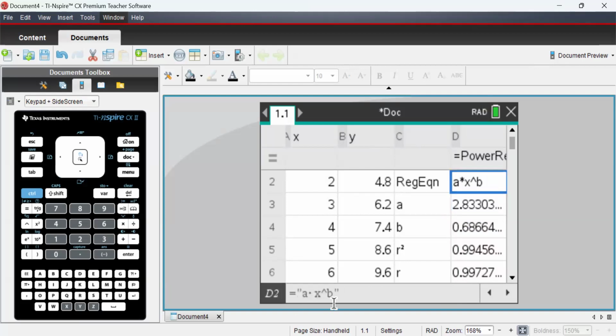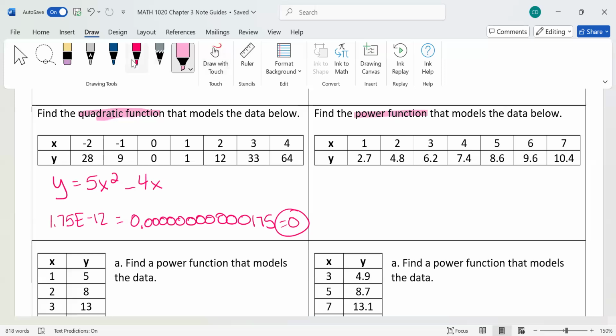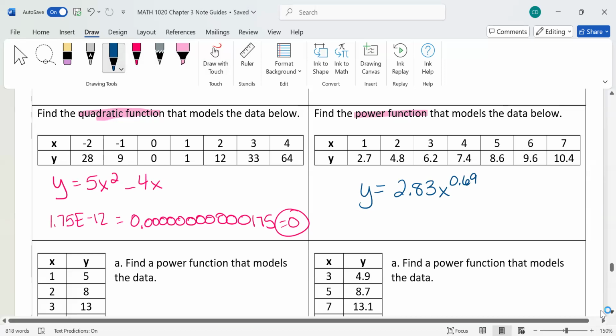It's A times X raised to the power of B. So Y equals, our A was 2.83 X, and the power on X, 0.69. Now, I just said round to 2 decimal places. On the homework, it's probably going to be 1 or 2 decimal places, sometimes 3. It just depends on the question. So read to see how many decimal places they want you to round to.